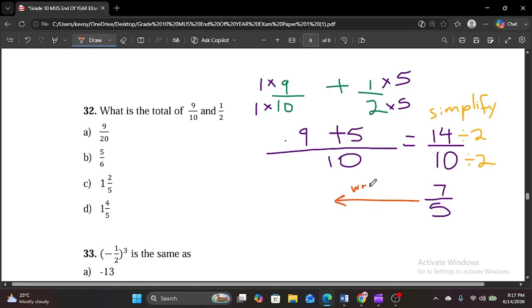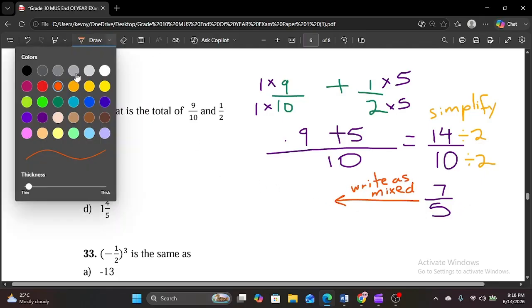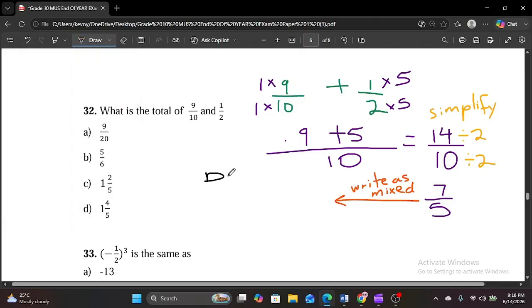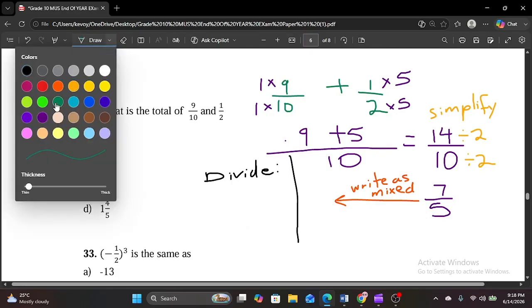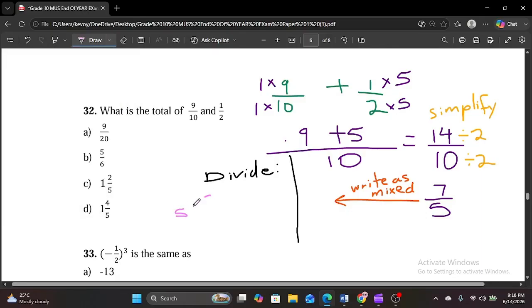All we have to do is just divide. We're going to divide 7 by 5.